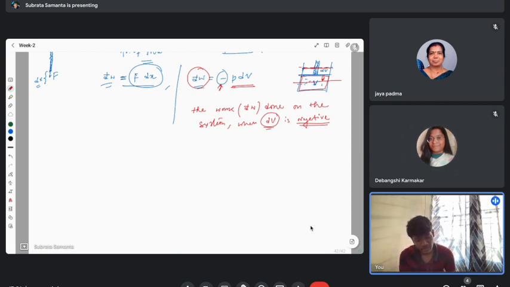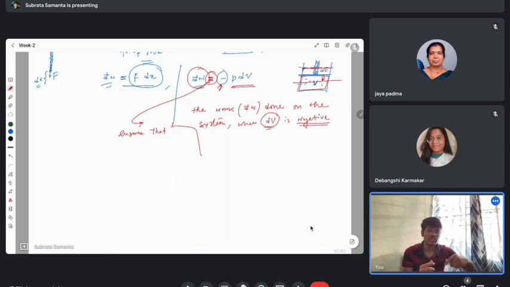Another thing is the equal sign. The equal sign is also important. This equal sign ensures that it is a reversible process. The process by which we change the volume V to V plus dV or V minus dV is reversible. That means it is done slowly.